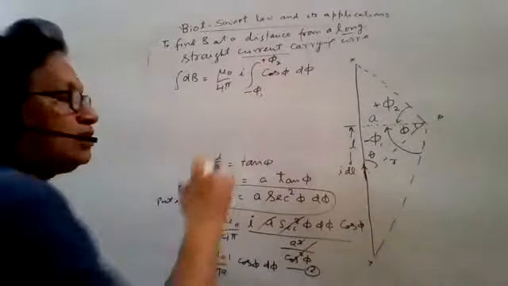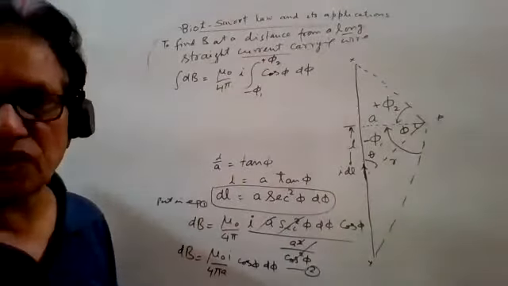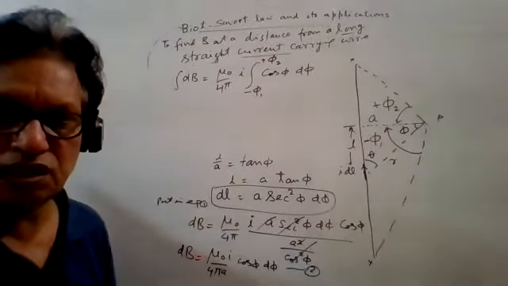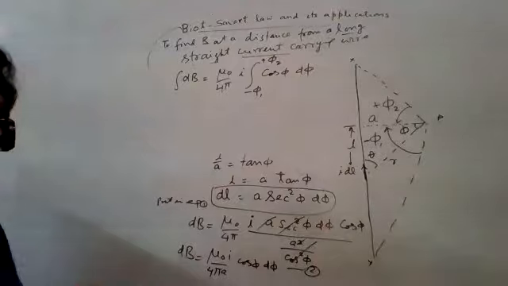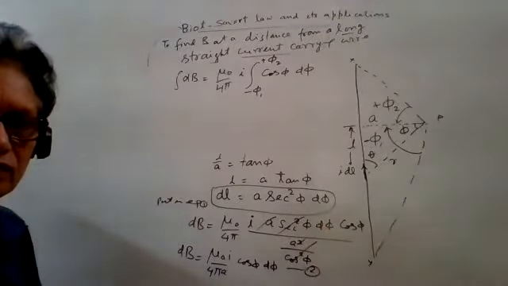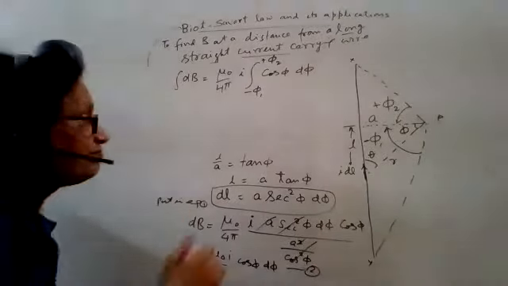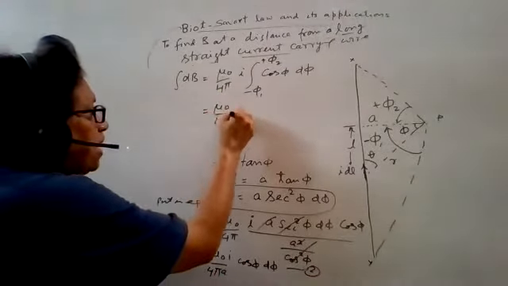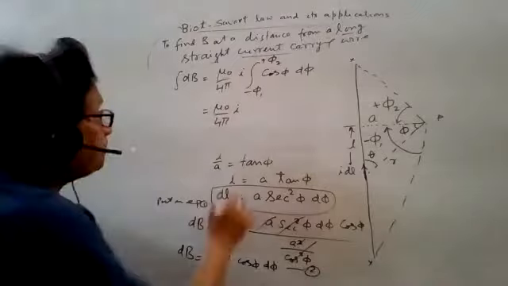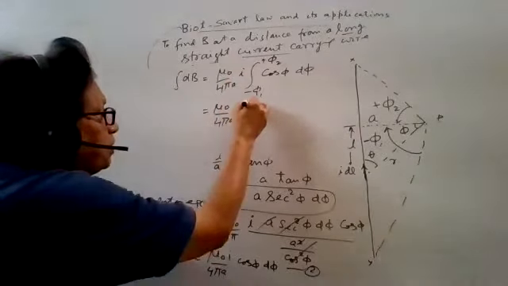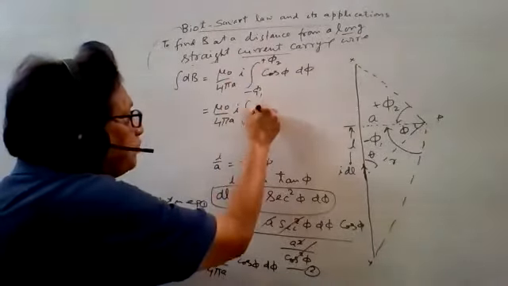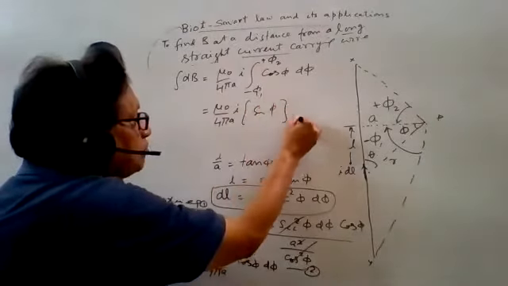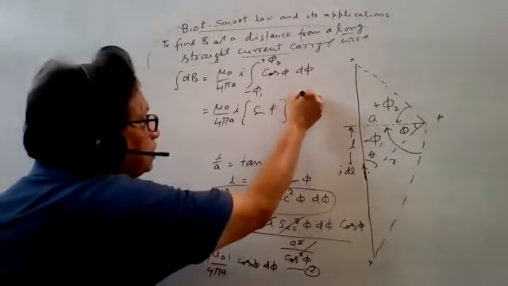Now cos phi, what is the integration of cos phi? It is sin phi. So here mu naught upon 4 pi I upon A was also there. Now putting the limit, sin phi from minus phi 1 to plus phi 2.